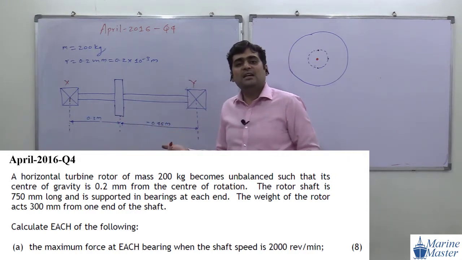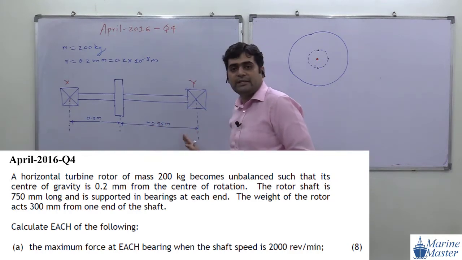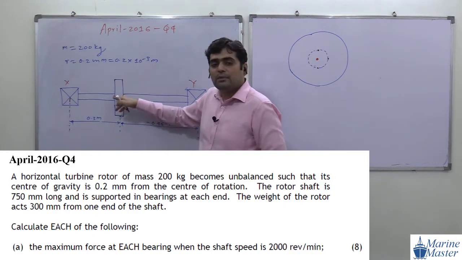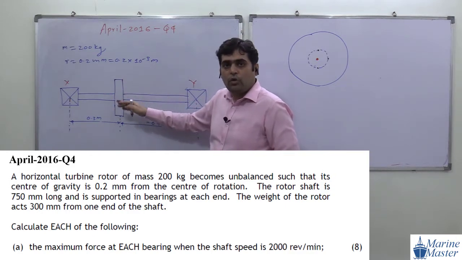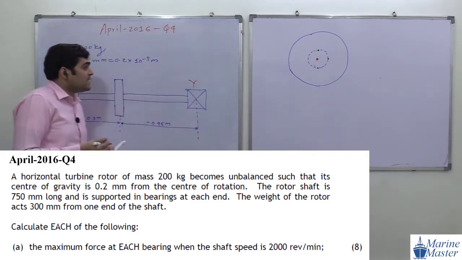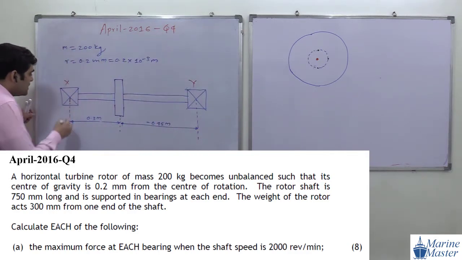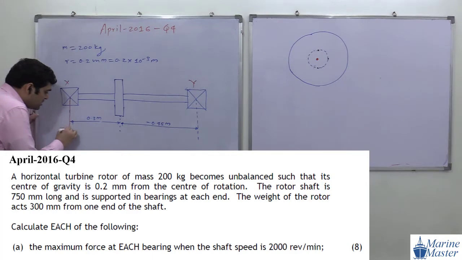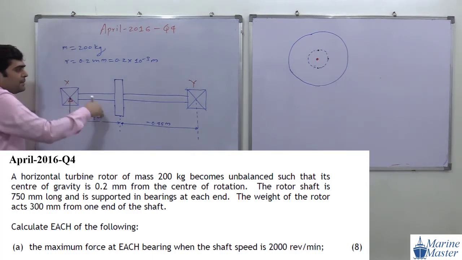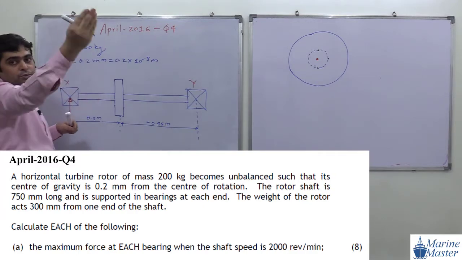If there is balance, there are no reaction forces on these bearings, because there is no unbalanced force. But here unbalance is there, and due to unbalance, some reaction forces will be created on the bearings to balance it. Otherwise the system will go away due to that force.